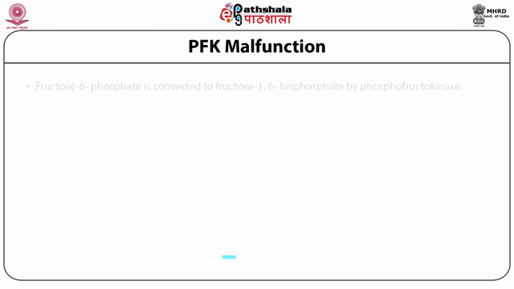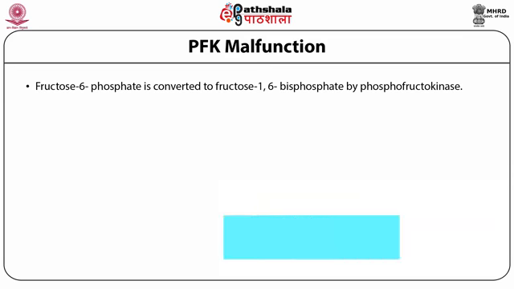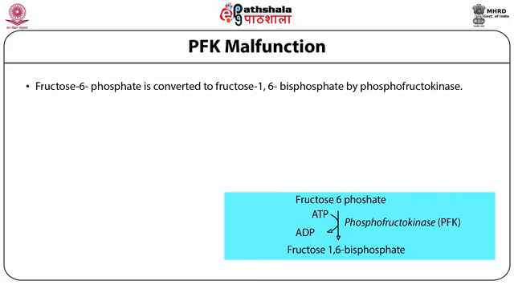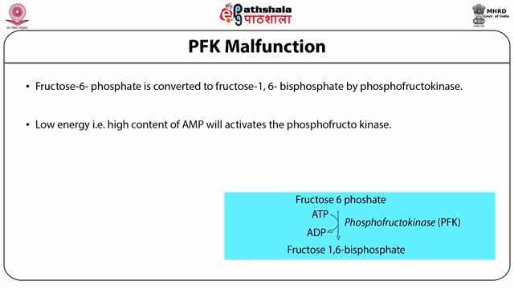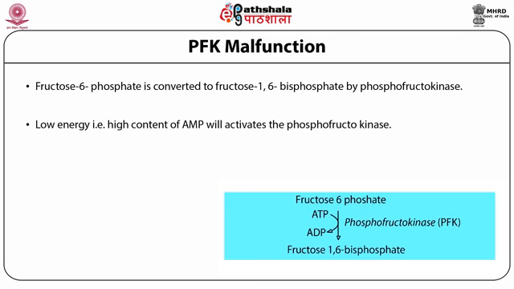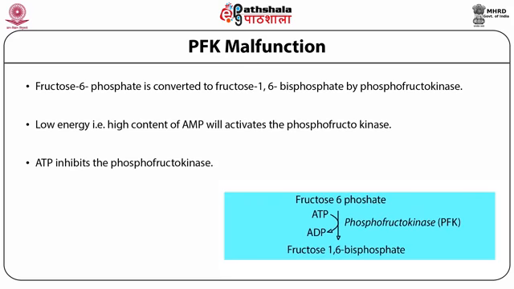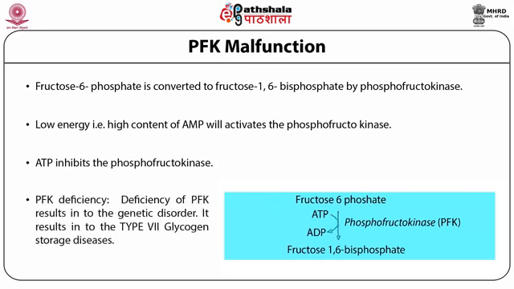Phosphofructokinase malfunction. Fructose 6-phosphate is converted to fructose 1,6-bisphosphate by phosphofructokinase. Low energy, that is high content of AMP, will activate the phosphofructokinase. ATP inhibits the phosphofructokinase.